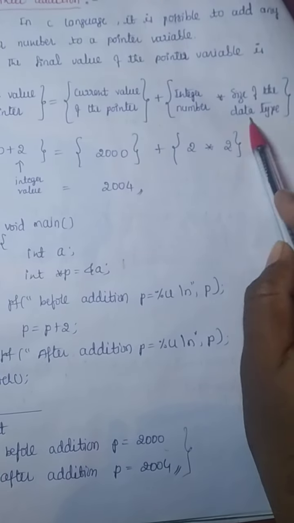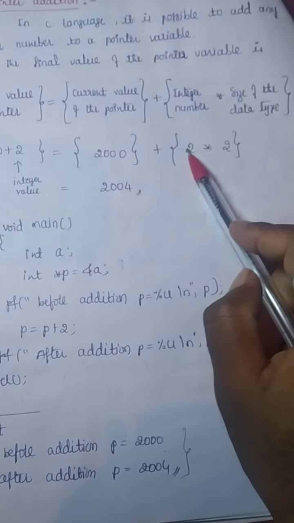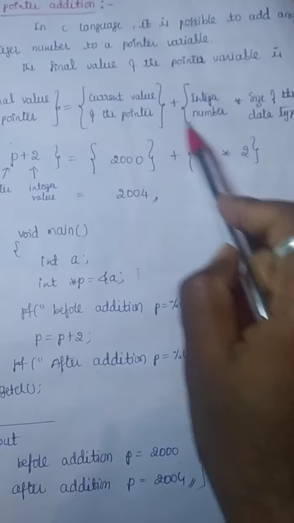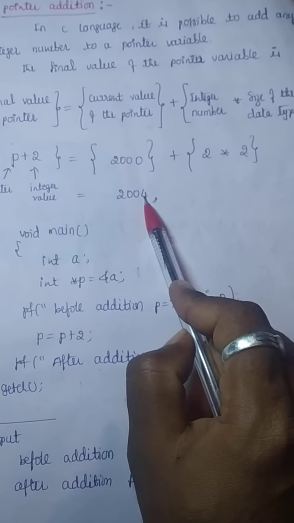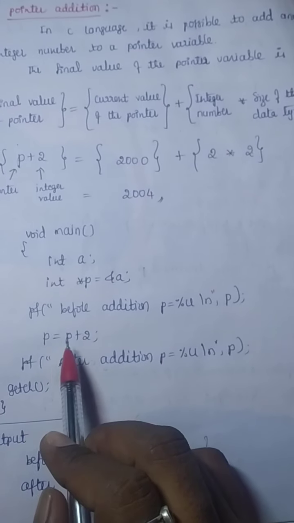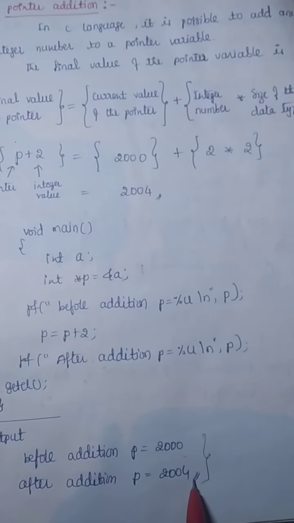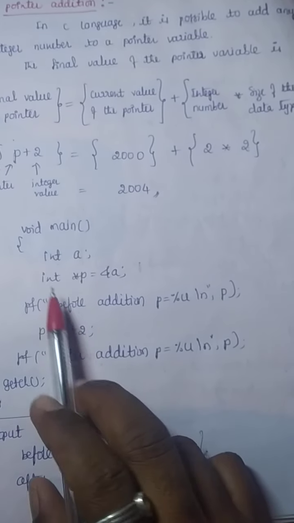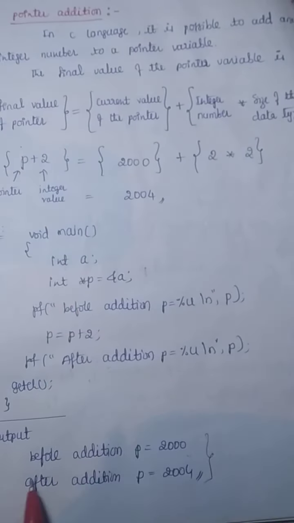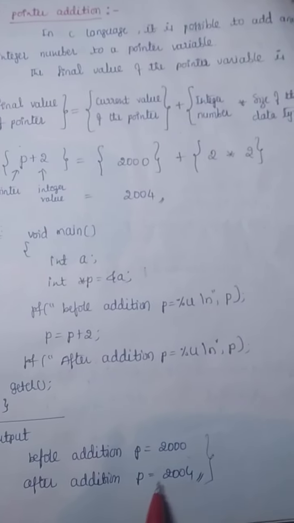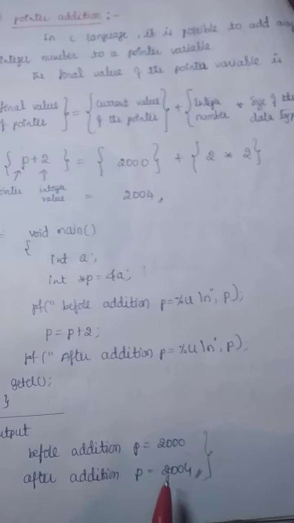So the integer number is 2, and 2 into 2 bytes is how much? 4. So the total address will be 2004. It means this pointer is going to hold the address 2004. Why? Because the integer number is multiplied with the size of the respective data type you are using. Got it? So after addition, you are going to get the value 2004. So this is pointer addition.